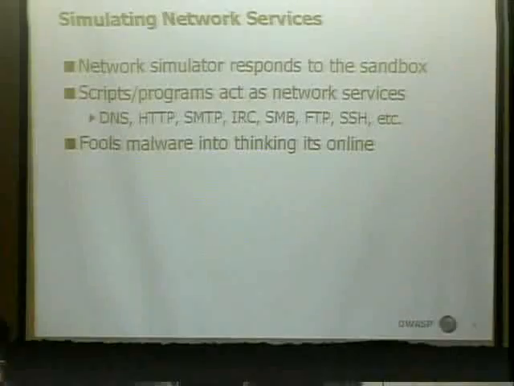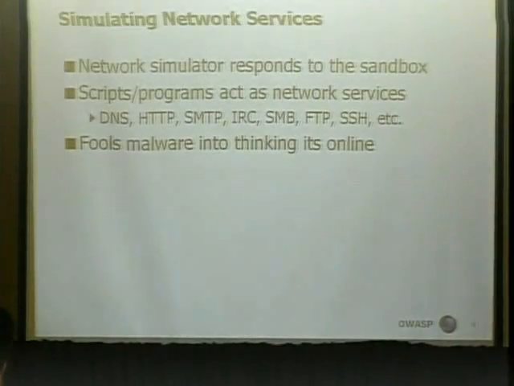Now, simulating the network services on the network simulator portion of the SADnet can be done a couple of ways, but the most common way is to have scripts or programs which run as network services on that machine. Like I said, the network simulator is the part of the SADnet which is going to respond to the sandbox.